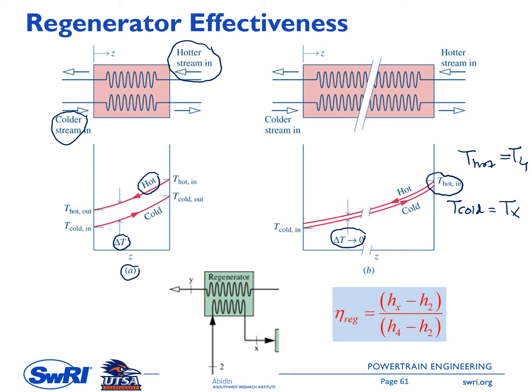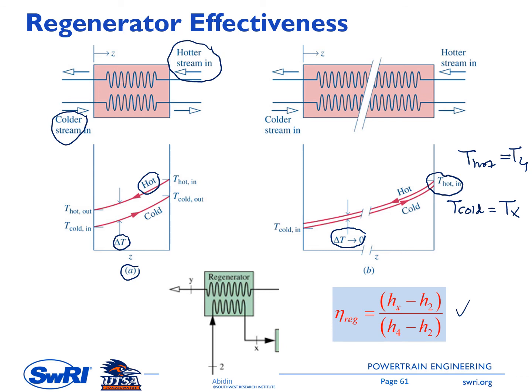Because of this ideal condition, then we can apply a new parameter which is called Regenerator Effectiveness, that's showing the ratio of the actual performance to this ideal performance. And this is the formula. So the regenerator effectiveness is once again the ratio of the heat transfer, or the ratio of the condition between the actual to the ideal condition.